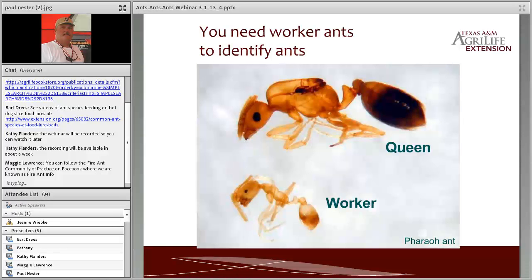So in that instance, you do have to have one of the mating pairs, which is the male, to be able to ID between the species of Nylanderia fulva, which is the tawny crazy ant, or Nylanderia pubens.